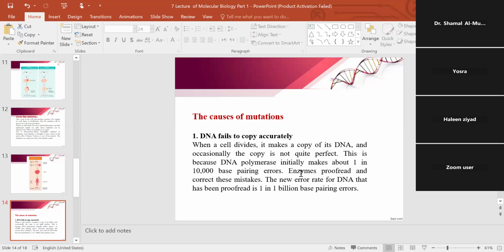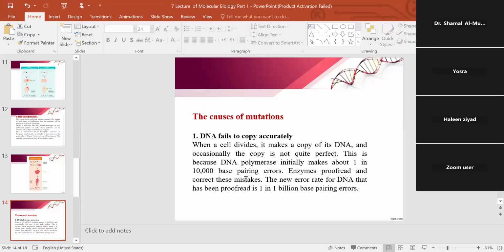Sometimes the enzymes, always the enzyme, DNA polymerase, proofreads. It reads the DNA again and corrects these mistakes.